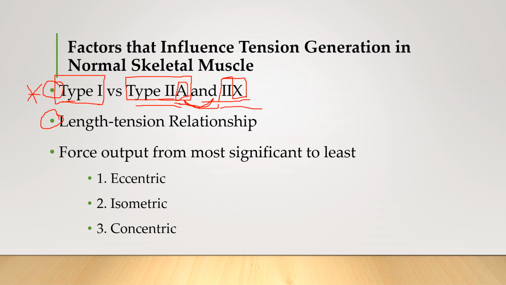Let's say we're doing leg extensions, okay, we're working quadriceps. If the muscle is shortened at the knee and it's shortened at the hip, well, there's not really a good length-tension relationship there. Okay, the muscle is too short to really produce much tension.